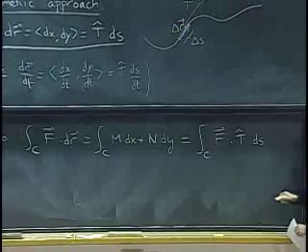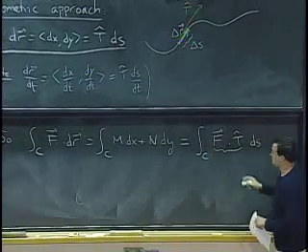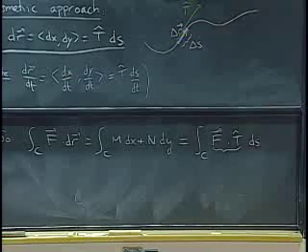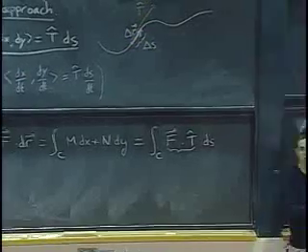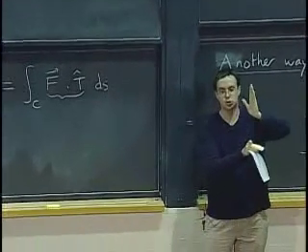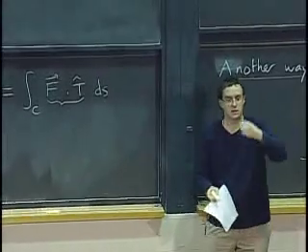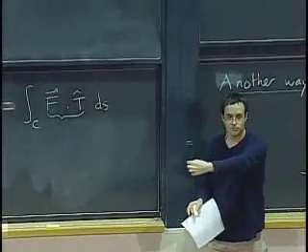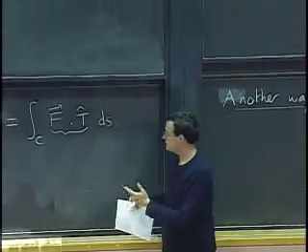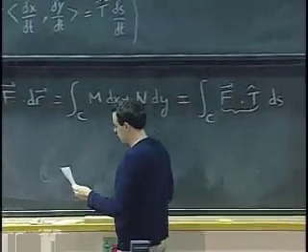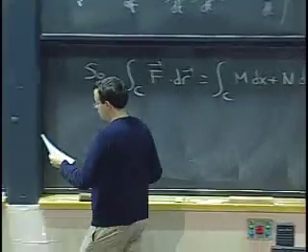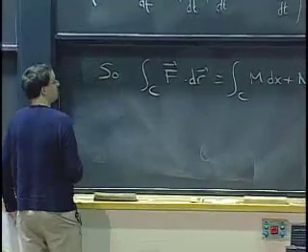Now you can think of this, f dot t is a scalar quantity. It's the tangent component of my force. So I take my force and I project it to the tangent direction to the trajectory. And then I integrate that along the curve. It's still the same thing. And sometimes it's easier to do it this way.